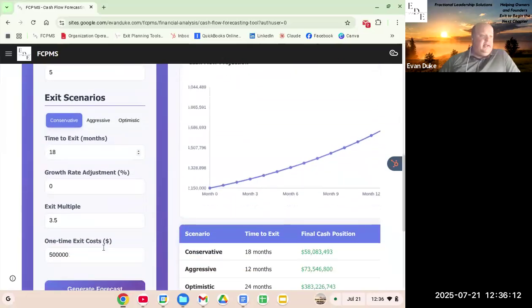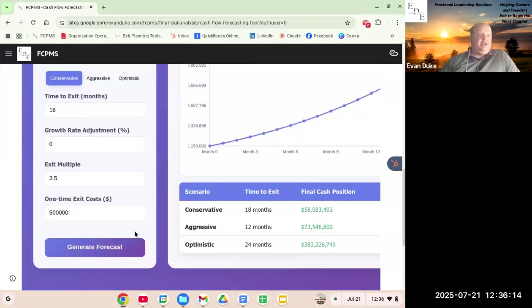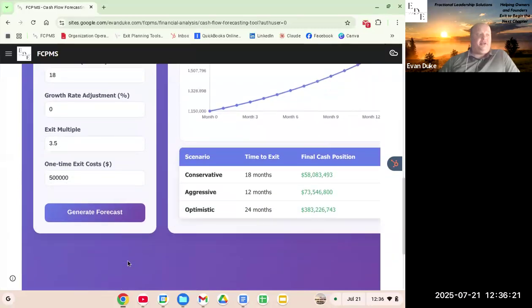But really, what this is aimed at is showing how our cash positions could actually look.